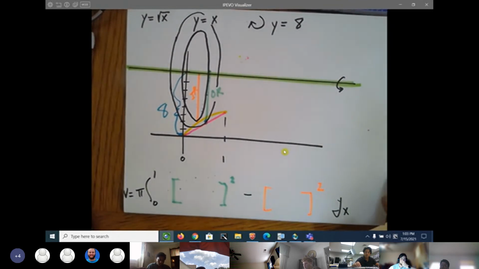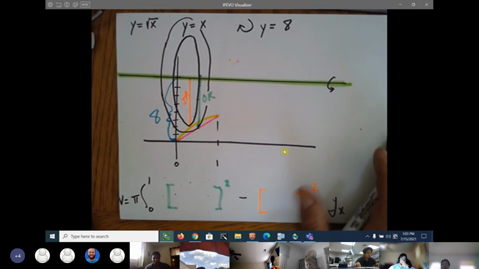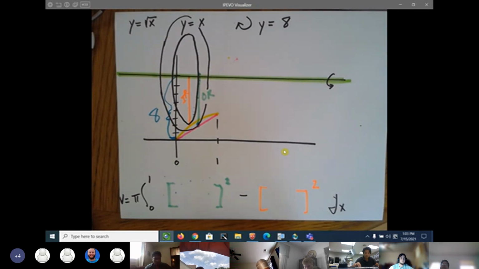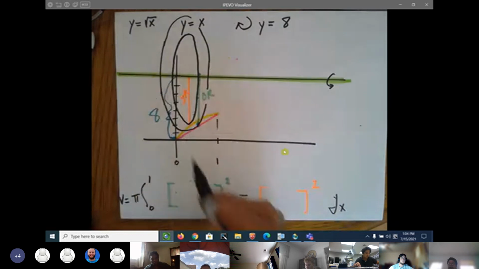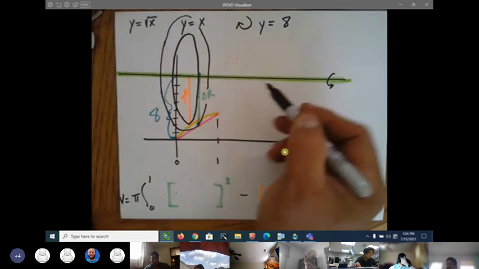Is this problem the same as B? No. Somebody tell me why this problem is not the same as B. Yeah. Because your new axis is what? 8. And it's what in relation to the problem? It's above it, right?